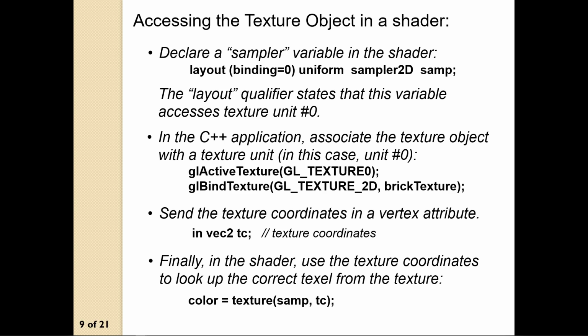Or it may repeat, or it may reflect. There's a couple of different modes. So you can set up the sampler to do the right thing according to how you want. It will generally map it within (0,0) and (1,1), either by clamping it or repeating it, or something like that. We'll see those, I think, in a bit.